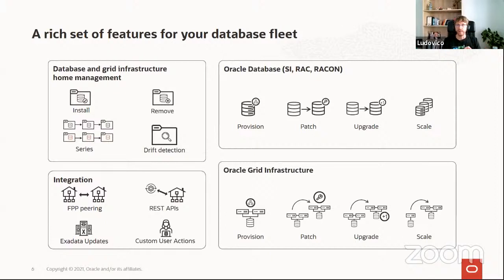And what we can do with FPP is move them, and especially if we have real application cluster, we can have patching operations without downtime, and FPP will take care of all the complex steps that you would normally do. For example, if you have two instances in a real application cluster, you have a few services on one node, a few services on the other node.